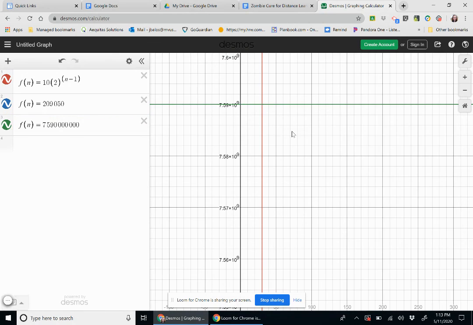And there you go. It pops the window to the part of the graph that we need. And it is 30.5 days. The answer to number 7 is, it will take about 30.5 days for the zombies to take over the world.